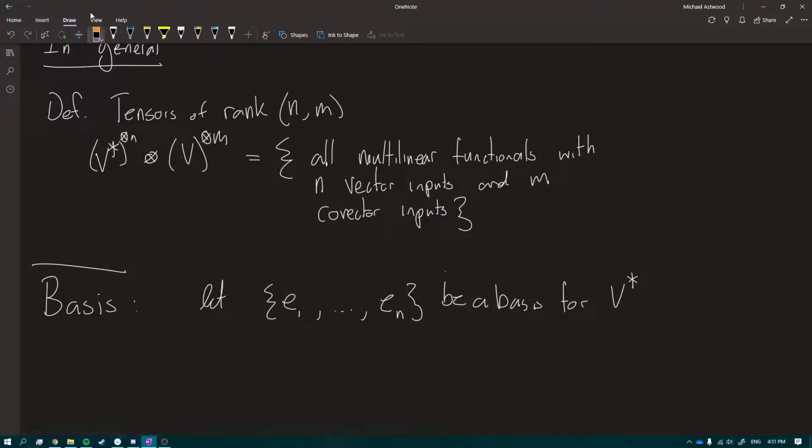Right. Okay, I screwed up here. So there are k basis vectors because I'm going to let the dimension of V be k.